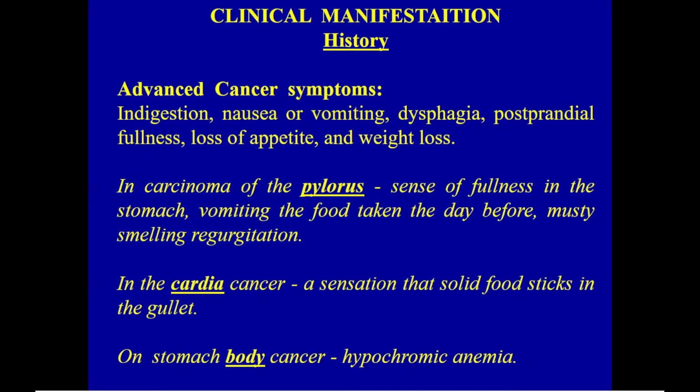In carcinoma of the pylorus, a sense of fullness in the stomach, vomiting of food taken the day before, musty smelling regurgitation. In cardiac cancer, a sensation that solid food sticks in the gullet. In stomach body cancer, hyperchromic anemia.